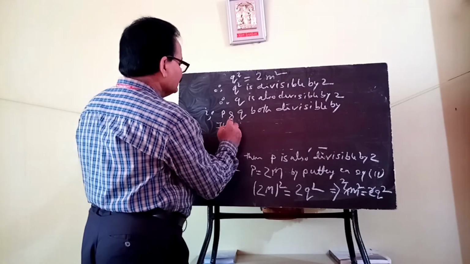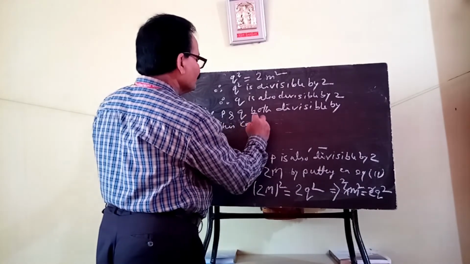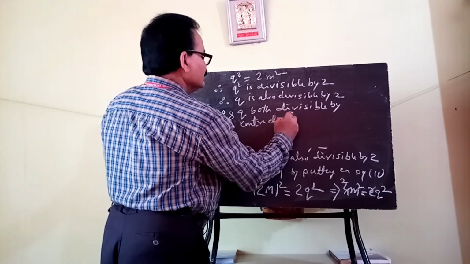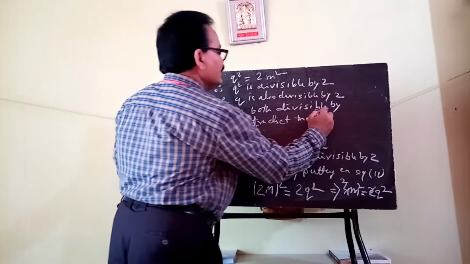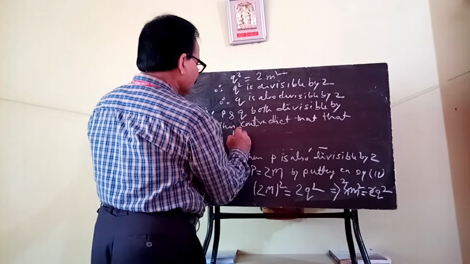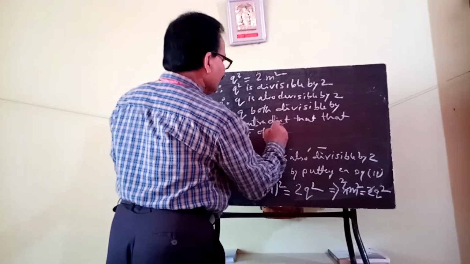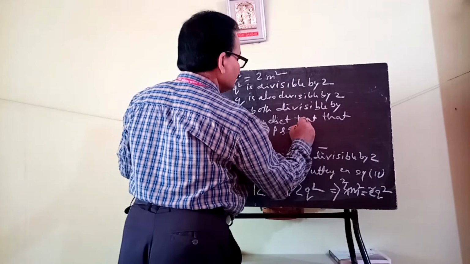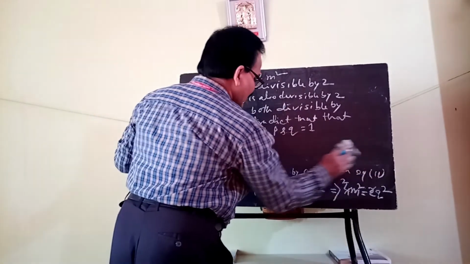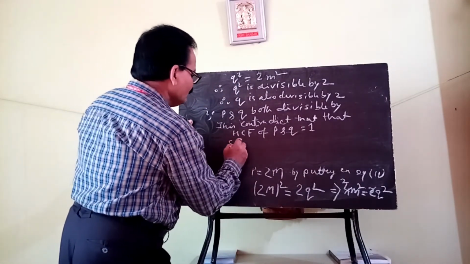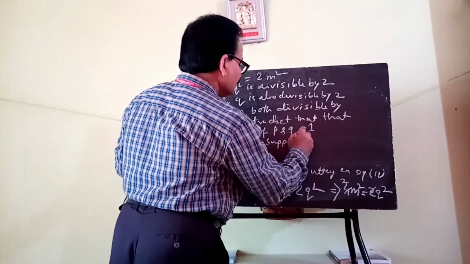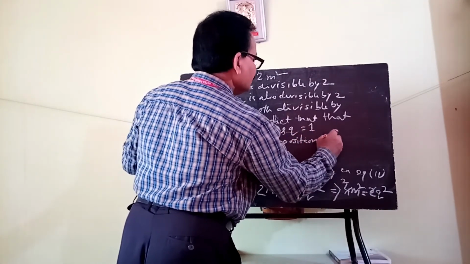that the HCF of p and q should be 1. So that means our supposition is wrong.